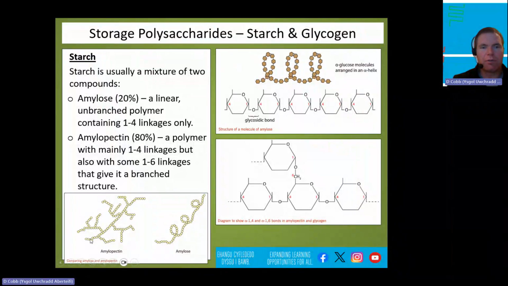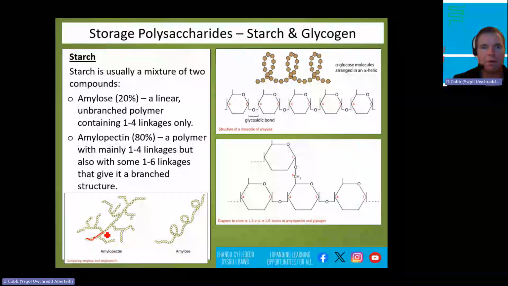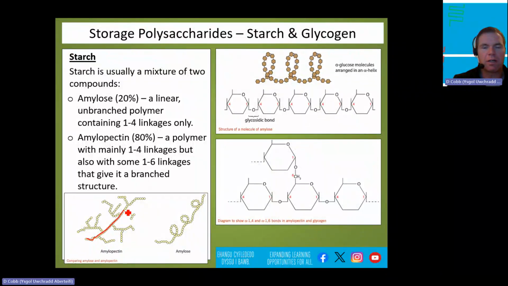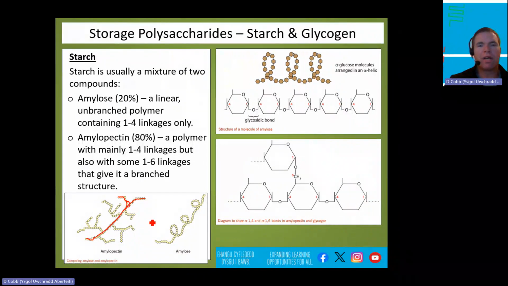amylopectin. So if you look at this amylopectin molecule, we've got, if you like, this linear molecule here of alpha glucose molecules joined by 1,4 glycosidic bonds. We've also got a linear molecule here of alpha glucose molecules joined by 1,4 glycosidic bonds. But these two glucose molecules just there, they are joined by a 1,6 glycosidic bond.